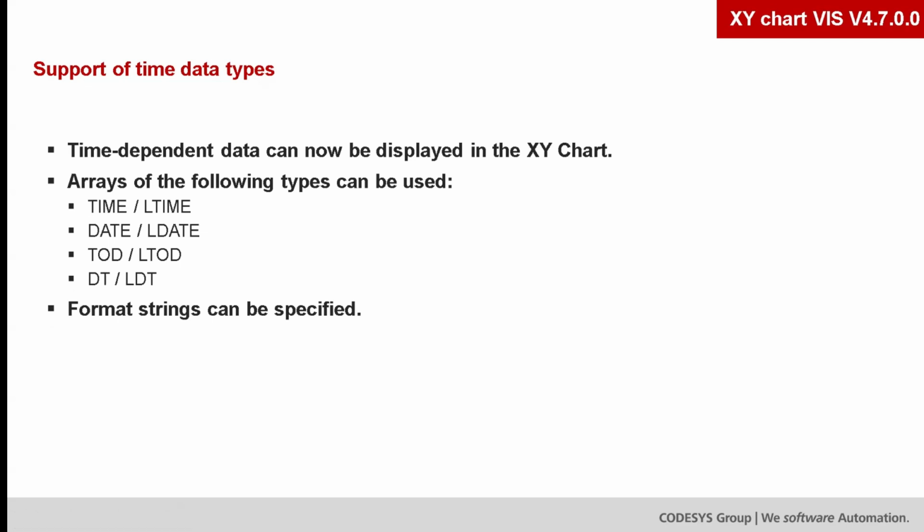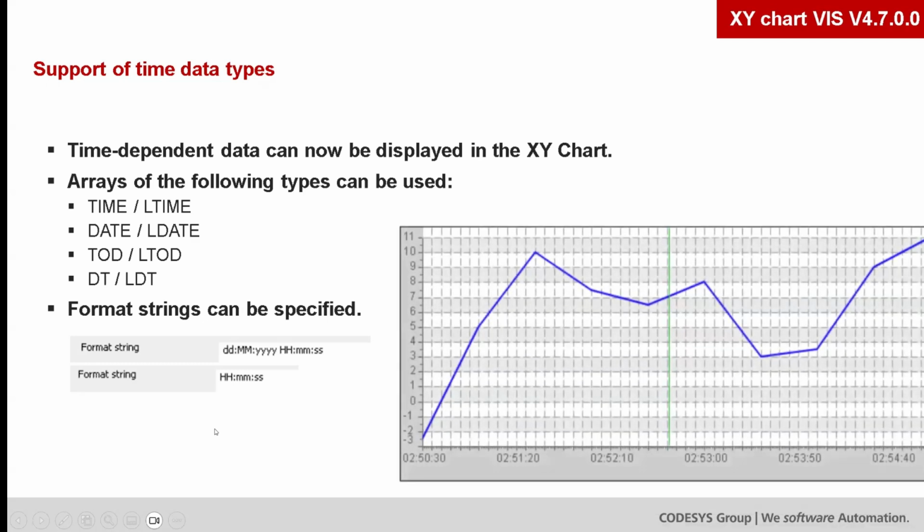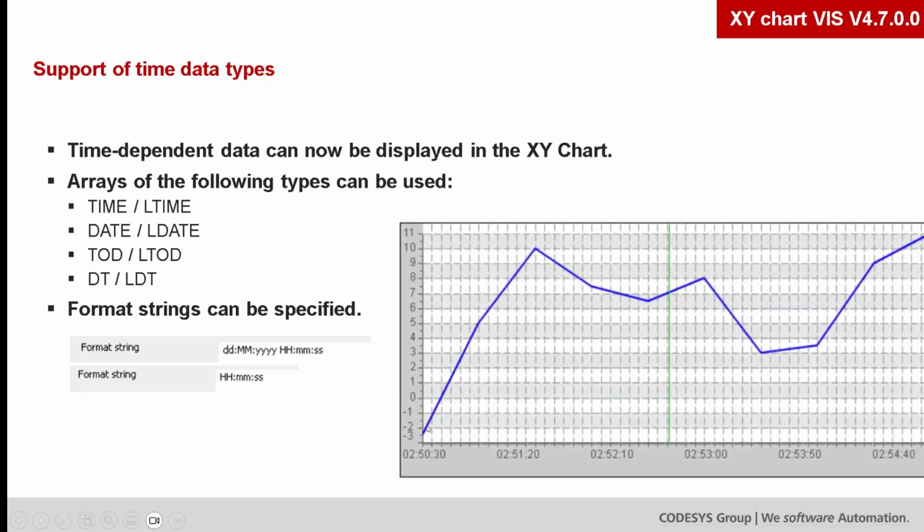Format strings can be specified, that means how to display this time in the XY chart. Here we have day, month, year, hours, minutes, seconds. And for example, when it's only a time, then you can use this format string. And here you can now see that in the XY chart, you can show values depending on the time.